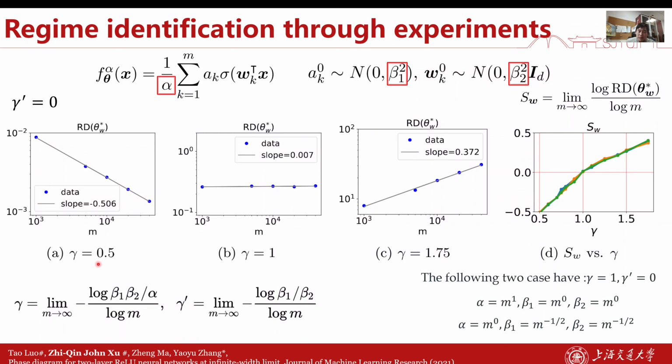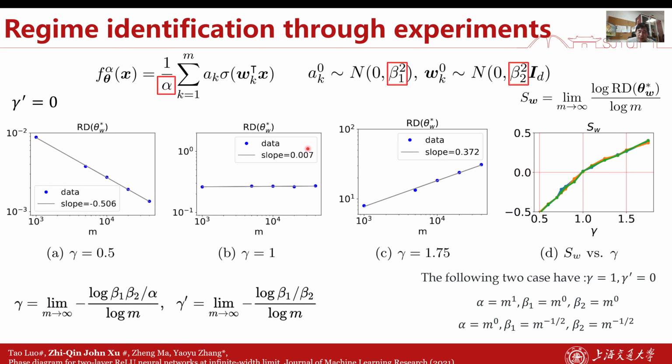And we run several experiments for different network widths and compute the relative distance. We can see that for this scaling, as the network width increases, the relative distance decreases. So we can guess that as the network width goes to infinity, this relative distance will go to 0, so this will stay in the linear regime.